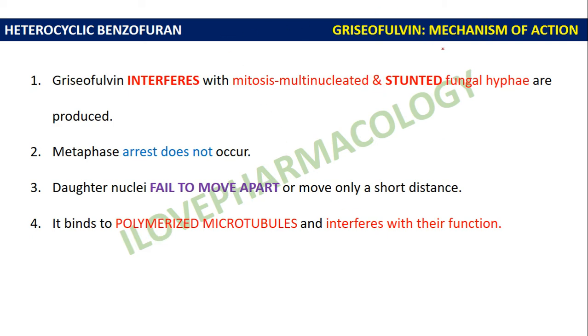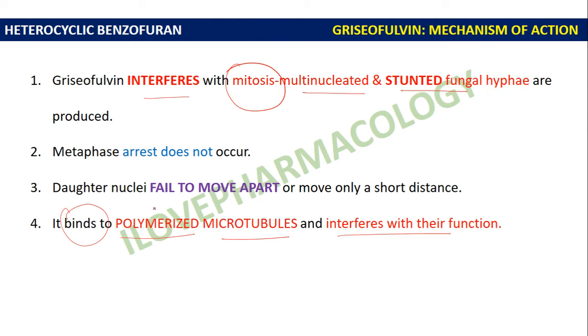Coming to the mechanism of action of griseofulvin, it binds to the polymerized microtubules and interferes with fungal activity. By binding to the polymerized microtubules, it interferes with mitosis. Thereby it produces multinucleated, stunted fungal hyphae.